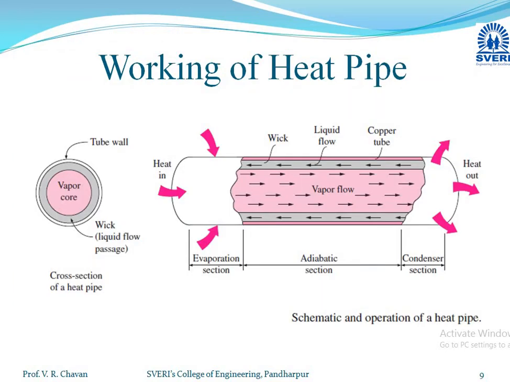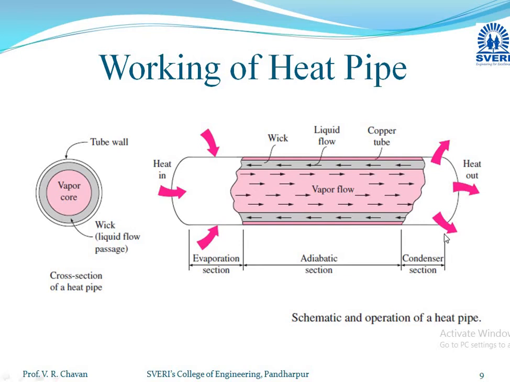Then the working of a heat pipe. As we have already mentioned, the heat pipe is divided into three sections. The first section is the evaporative section, which is placed near the heat source, so that it can capture the heat from that source.